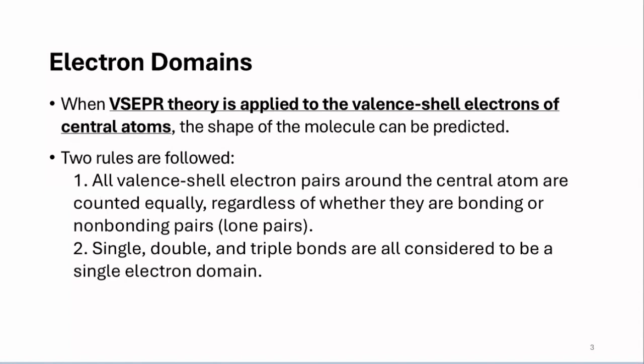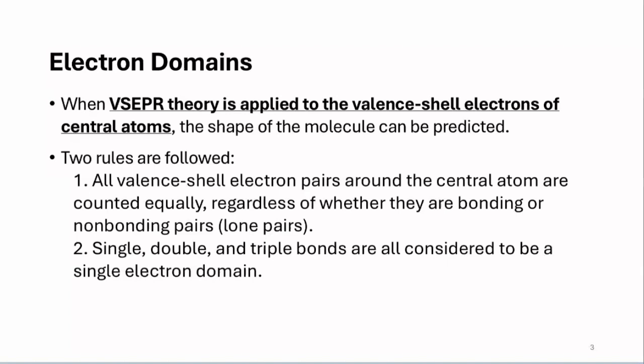Meaning, a lone pair counts as a group, a single bond counts as one group, a double bond counts as one group, or a triple bond counts as one group. We can see that this is what is stated in rule number 2. Single, double, triple are all considered a single electron domain, meaning a single representation of electrons.